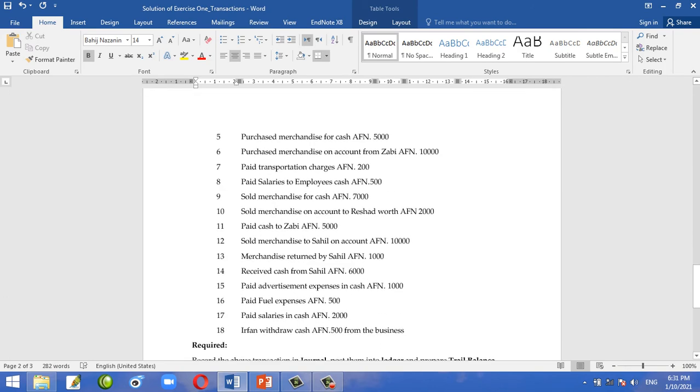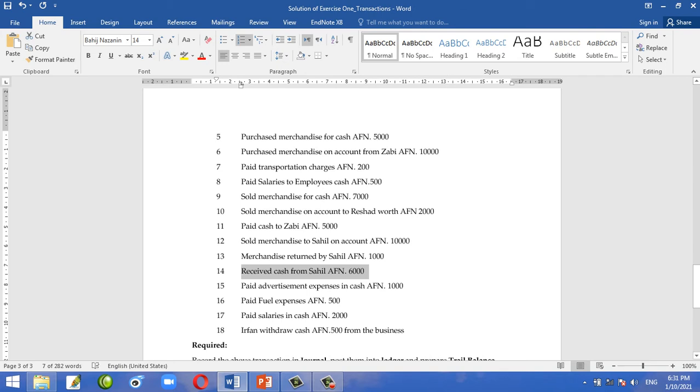Now come to the next one. Received cash from Sahel, Afghani 6,000. Pay attention, there are three transactions. On the 12th of October, we sold merchandise to Sahel on account worth 10,000. On the 13th of October, Sahel returned merchandise worth 1,000 Afghanis.